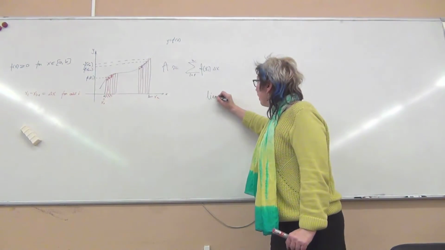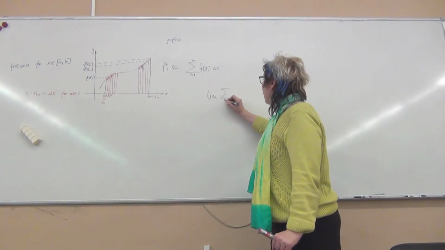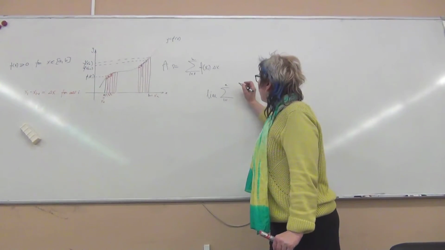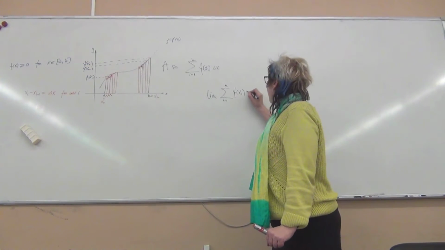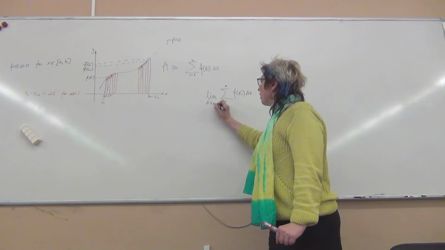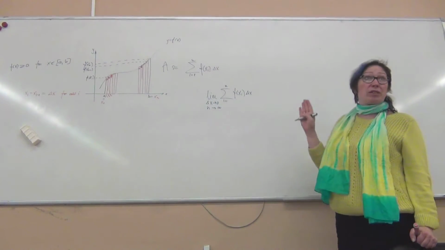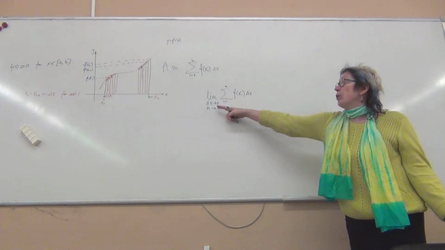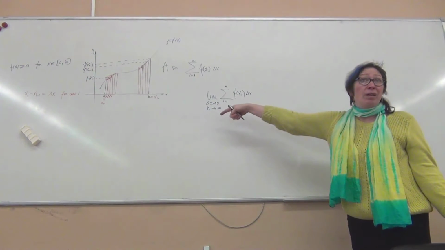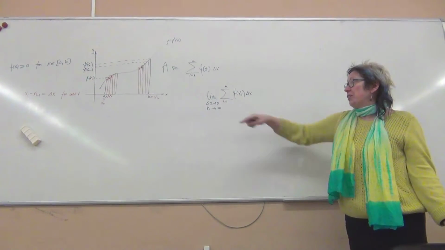So I would say, okay, let's take the limit of the sum, i from 1 to n, f of xi delta x, as delta x tends to 0, which means simultaneously n, the number of those slices, tends to infinity. Choose whichever you want, they mean the same thing. In this case, they mean exactly the same thing.